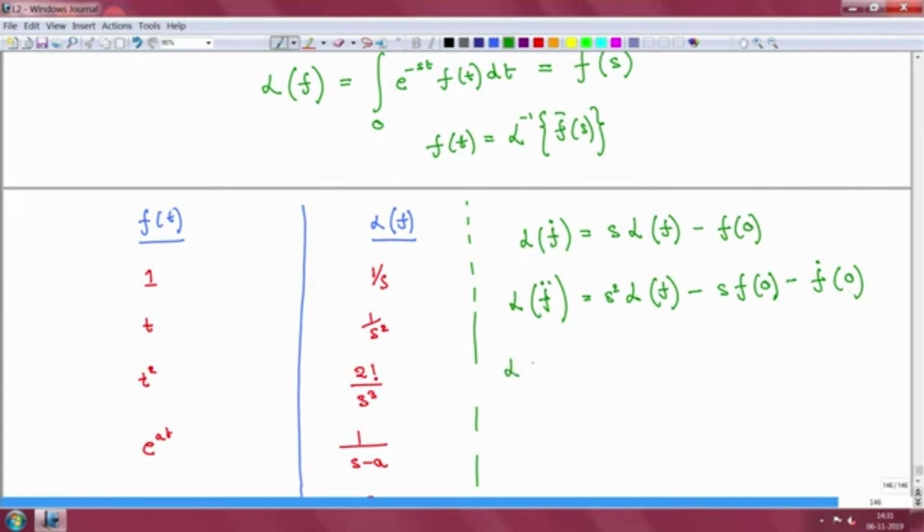Laplace of f(t minus a) multiplied by the Heaviside function translated to a comes out as e to the power minus a s times f bar of s. The Laplace of the Dirac delta function at a is simply e to the power minus a s.